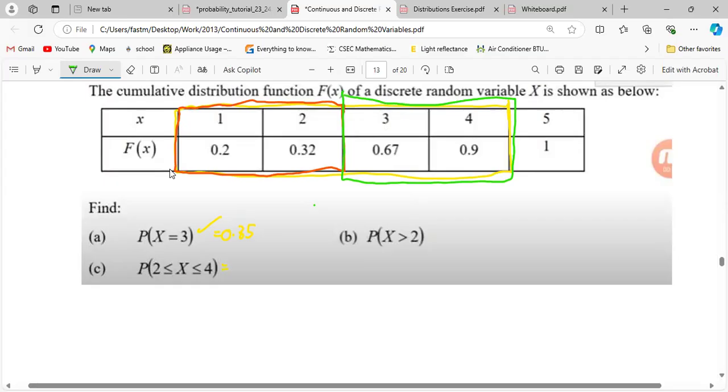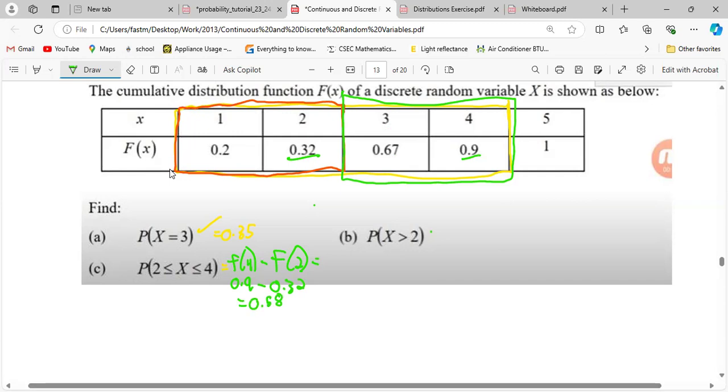So everything less than or equal to 4 is 0.9, and everything less than or equal to 2 is 0.32. If you subtract those two, you get the answer. So it'll be capital F of 4 subtract capital F of 2, everything up to 4 subtract everything up to 2. So this will be 0.9 subtract 0.32, and I get 0.58.